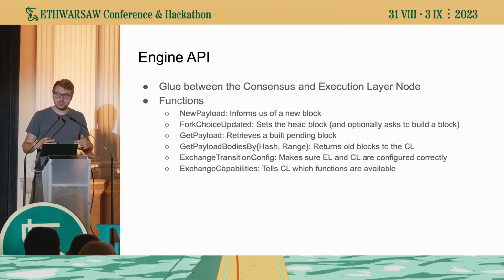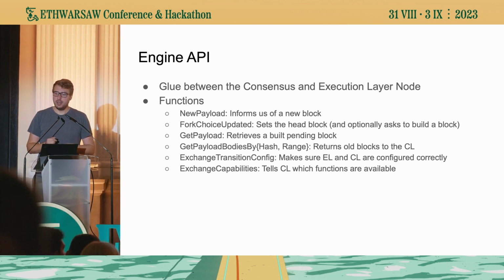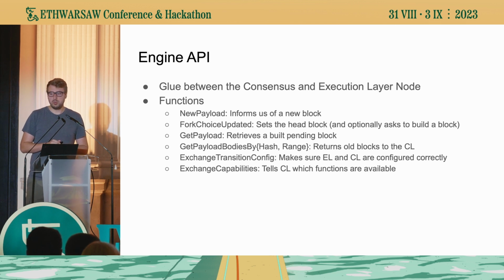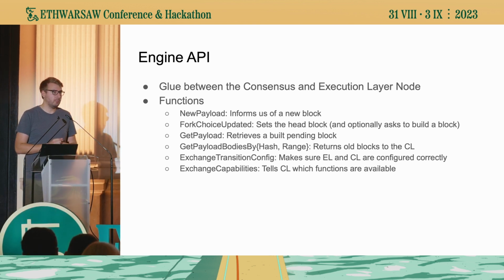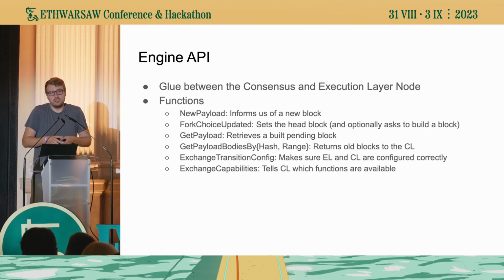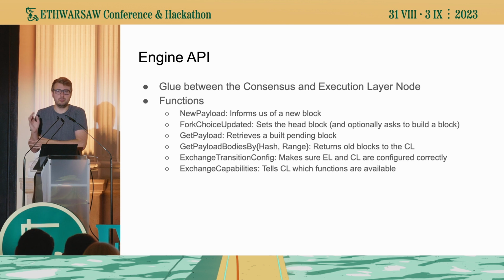And there are 3 additional methods that are just for convenience. Get payload bodies by hash and range return old blocks to the consensus layer. This was implemented because the consensus layer might not want to store all of the old blocks, because the execution layer already stores all of the blocks, so we would need to store them twice.